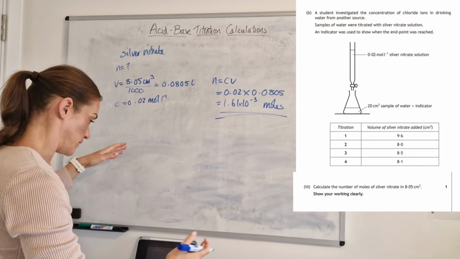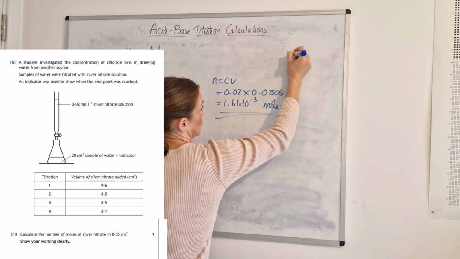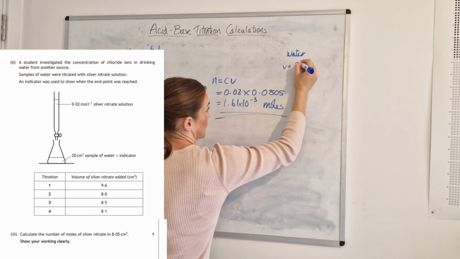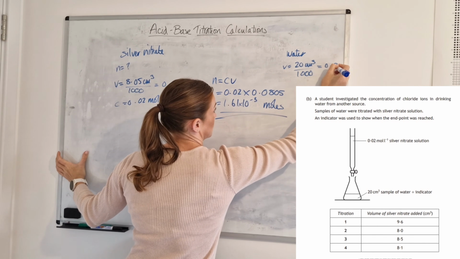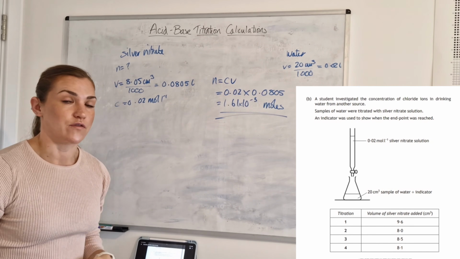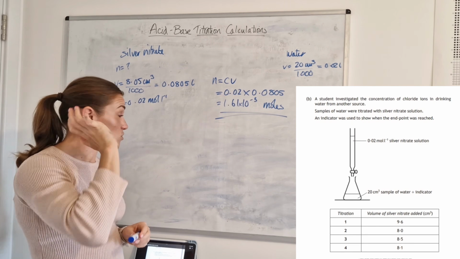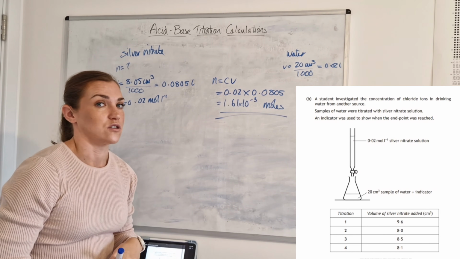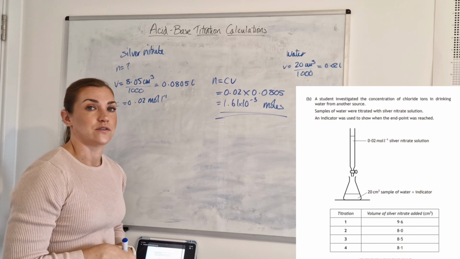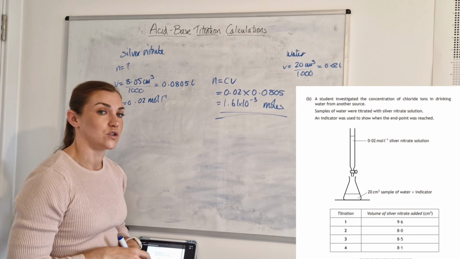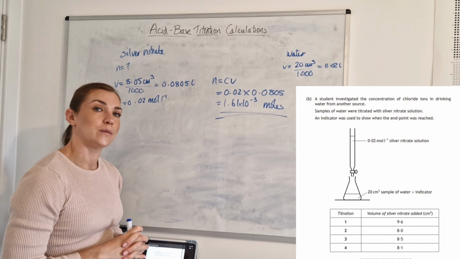Obviously we've also been given information in the picture of a water sample, so we could have had something to do with water over here and see that we had a volume of 20 centimetres cubed, which would be 0.02 litres, but we didn't have enough other information about the water to do any calculation for it. So sometimes seeing that you don't have enough information is an indication that you don't need to calculate anything for that chemical. We will do one more that's slightly different, and then hopefully that will give you a good understanding of the titration calculations and how you can go about them.